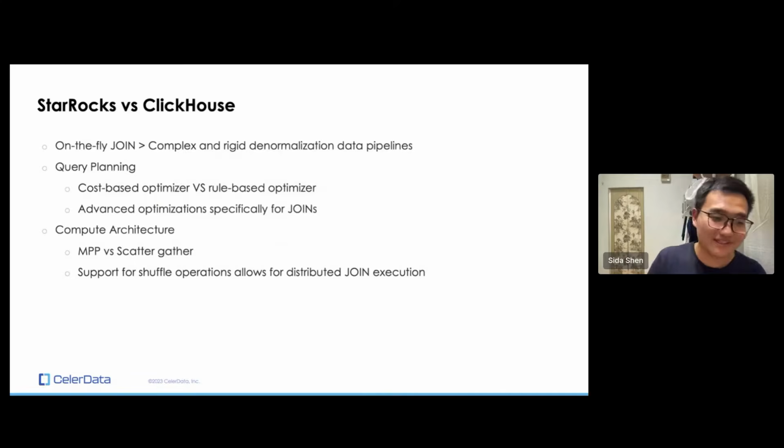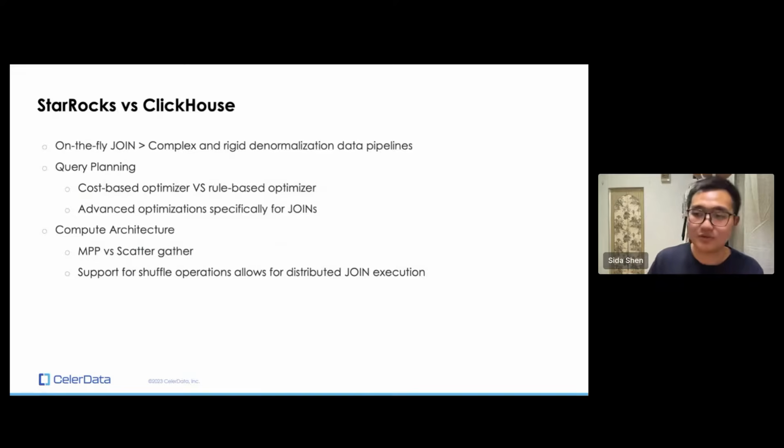If you're interested in the global runtime filter, you can go to the CelerData YouTube channel. There is a free Go pipeline webinar with DBTA, and there I did a demo of how the global runtime filter works. That's really fun. And for the compute architecture, StarRocks can do data shuffling, and ClickHouse cannot.